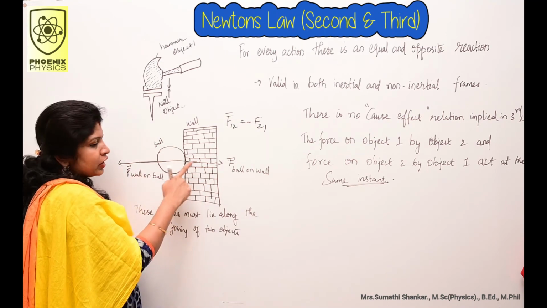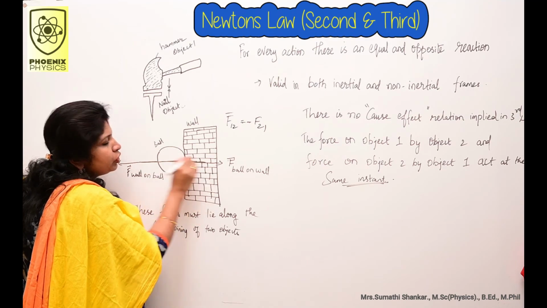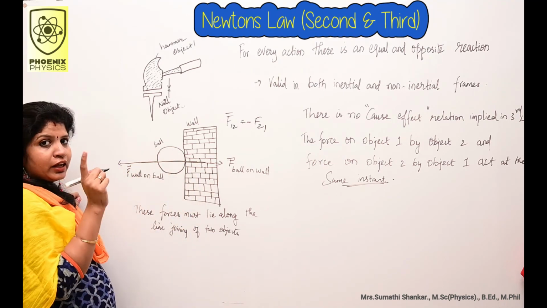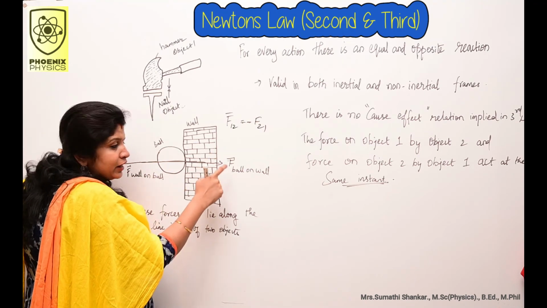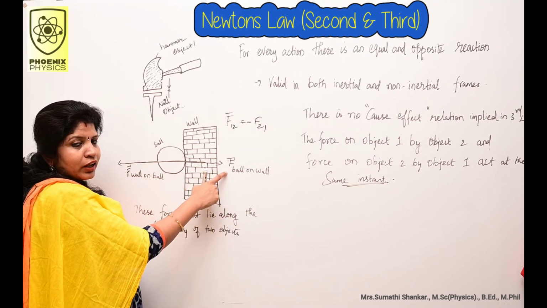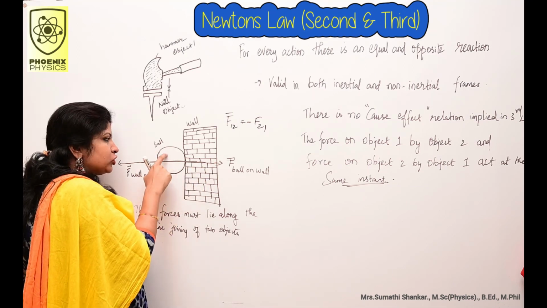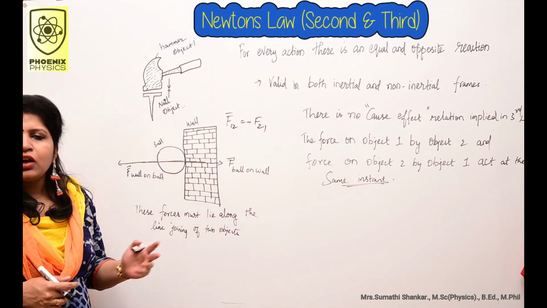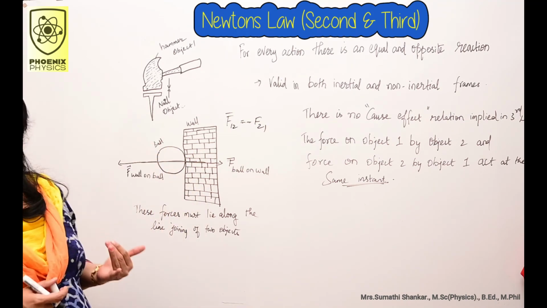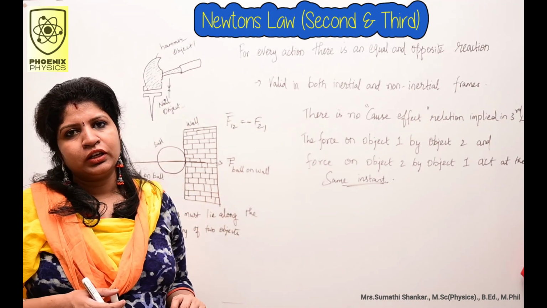These forces lie along the line joining the two objects. Here the action and reaction pair of forces act on two different objects. One force acts on the ball, another force acts on the wall. Any one of the forces is called the action force and the other the reaction force.